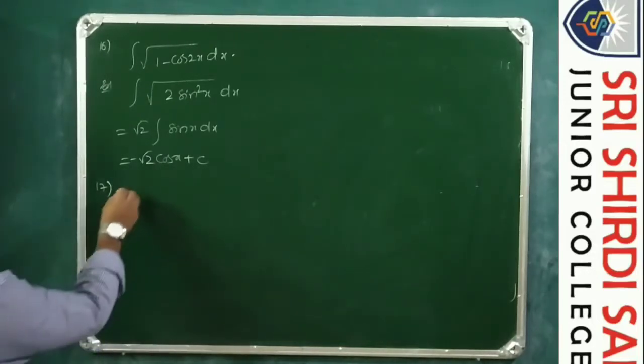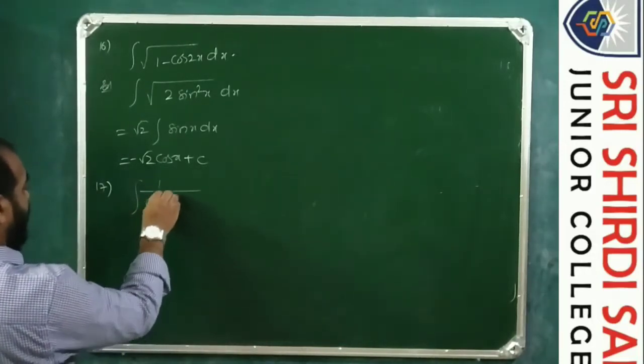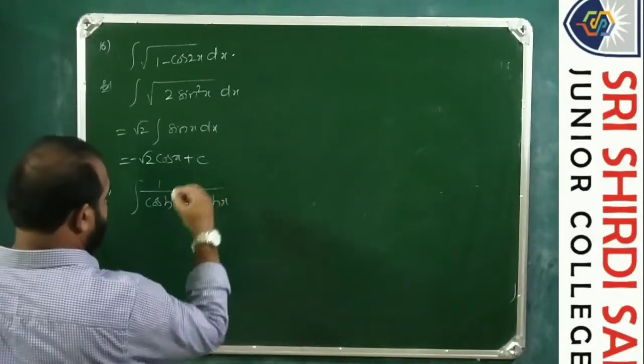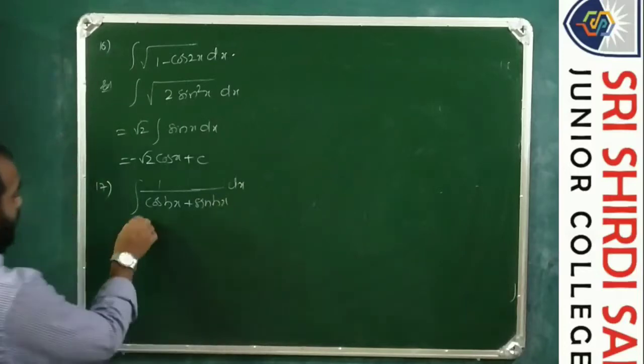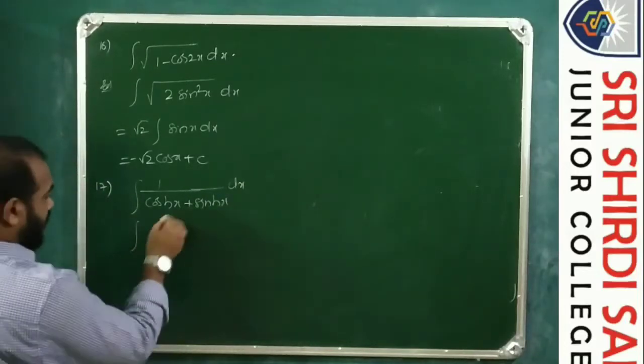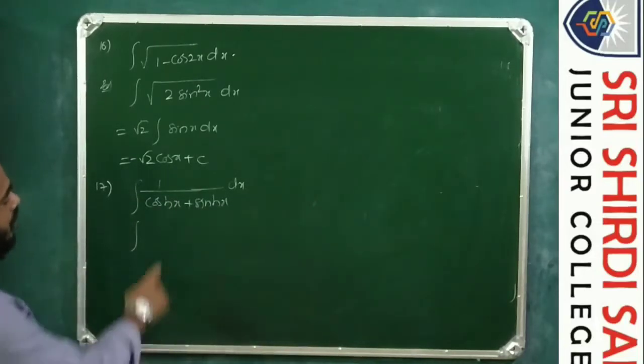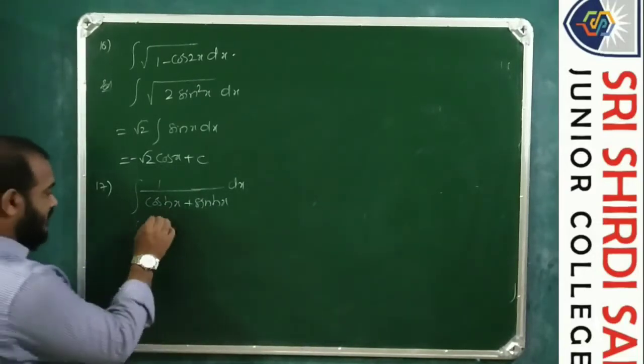The next question is integral 1 by cos hx plus sin hx dx. So let us multiply both numerator and denominator with cos hx minus sin hx.